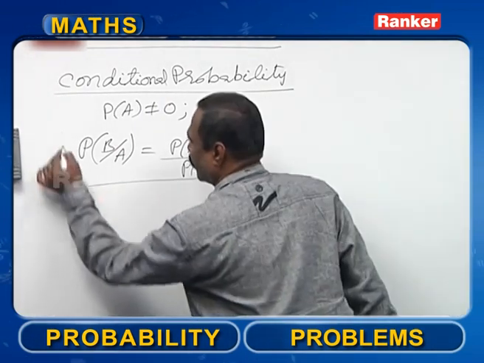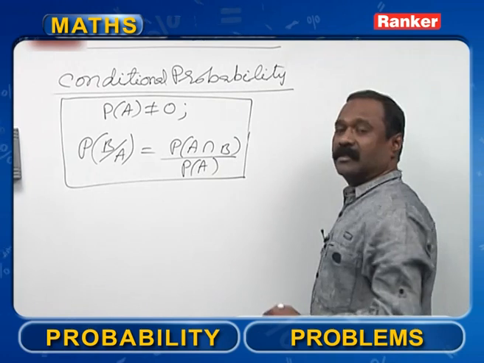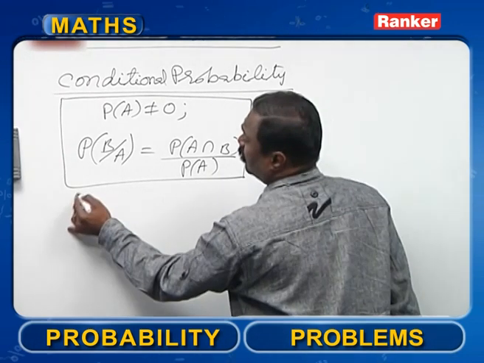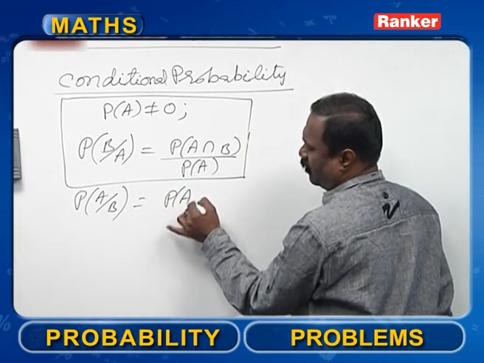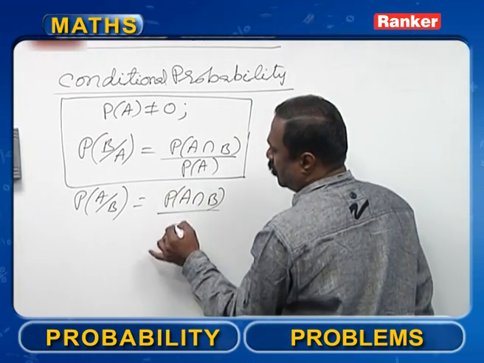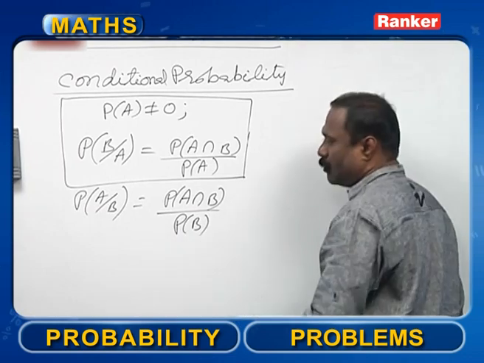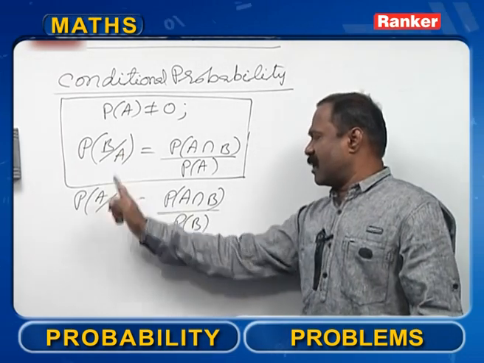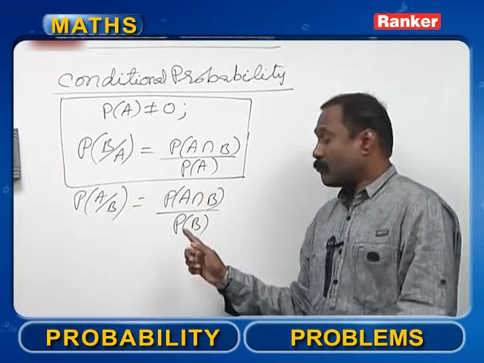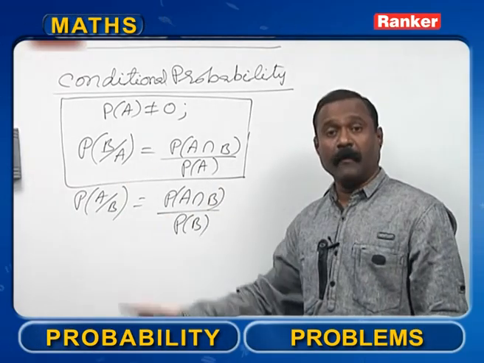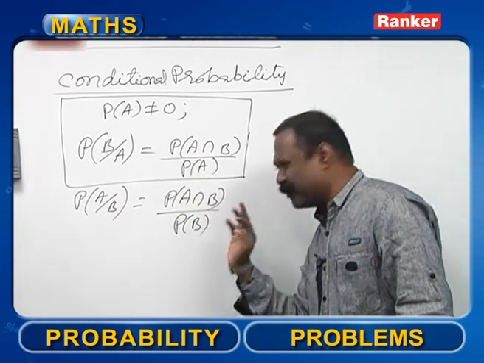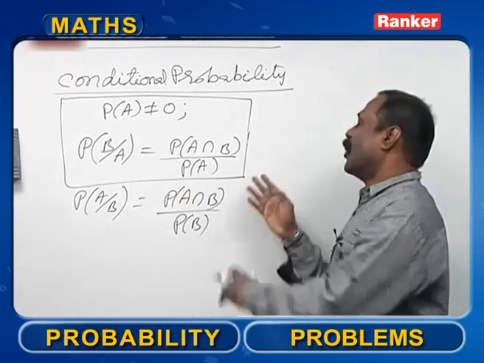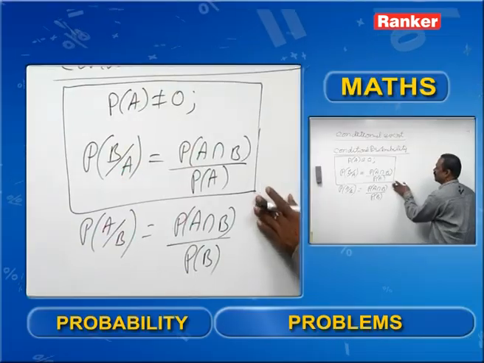This is the conditional probability. Similarly, P of A after B can also be defined. It is P of A intersection B upon P of B. Understand that.